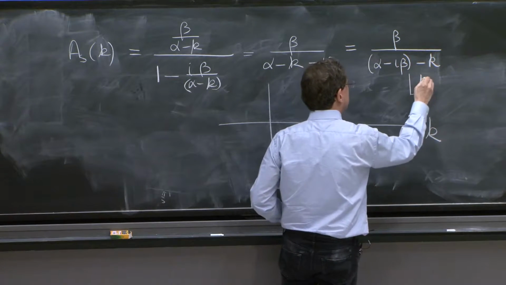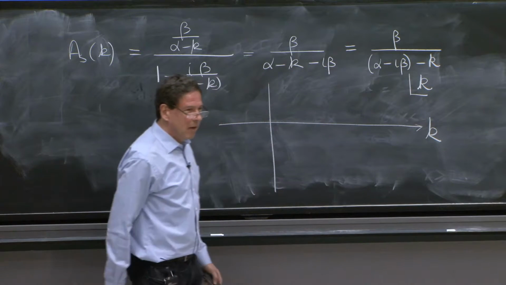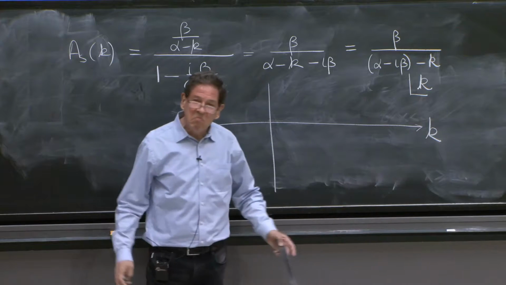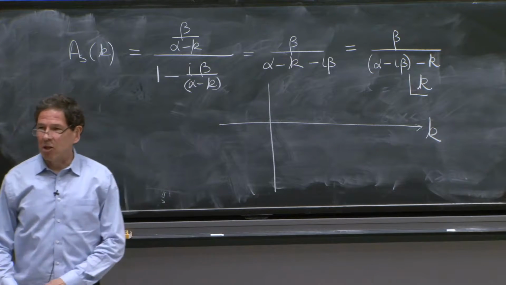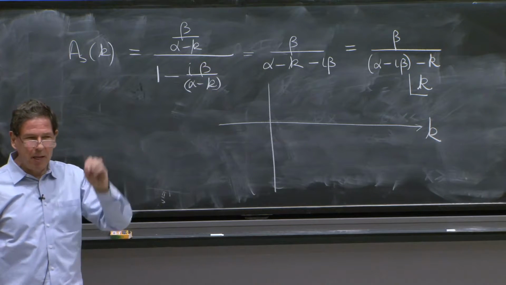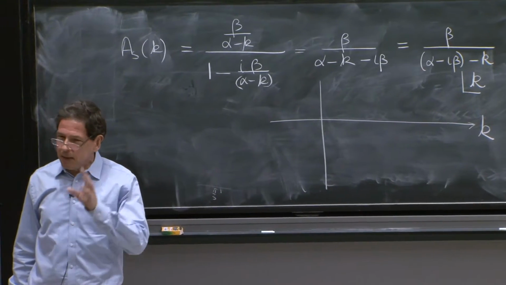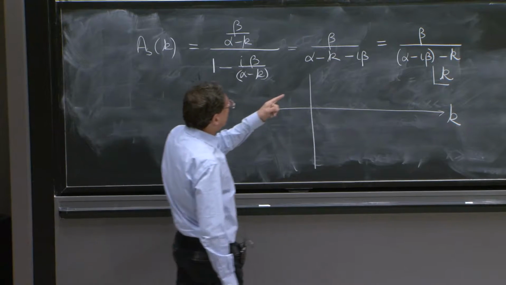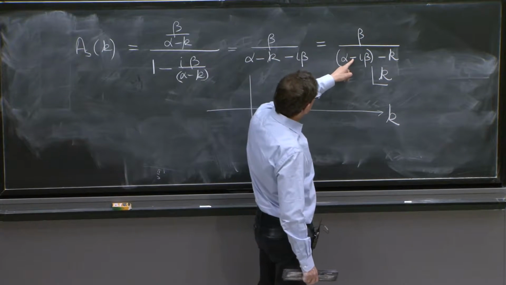This is the complex k-plane. And yes, you work with real k because that has a direct physical interpretation. But maybe a complex plane has a more subtle physical interpretation, and that's what I claim is happening here.